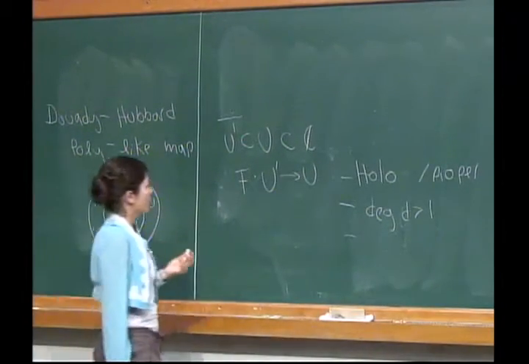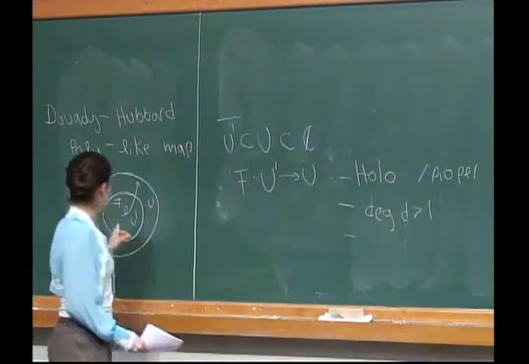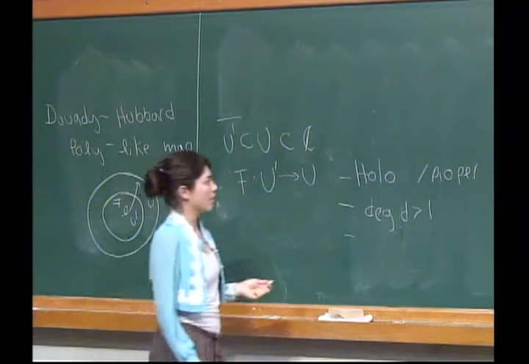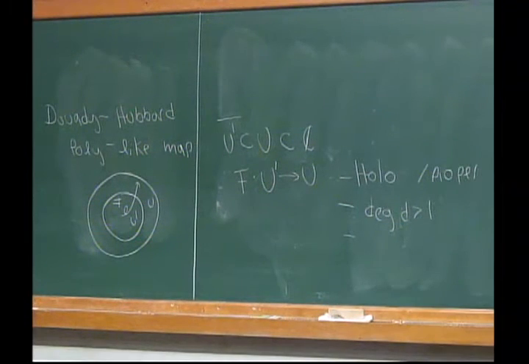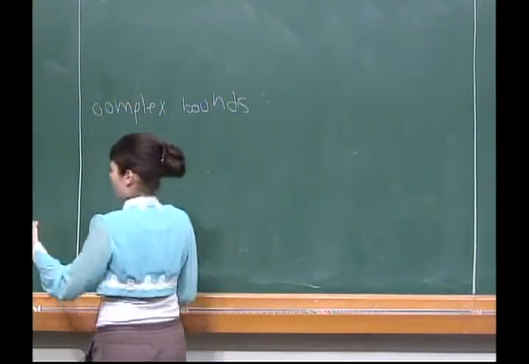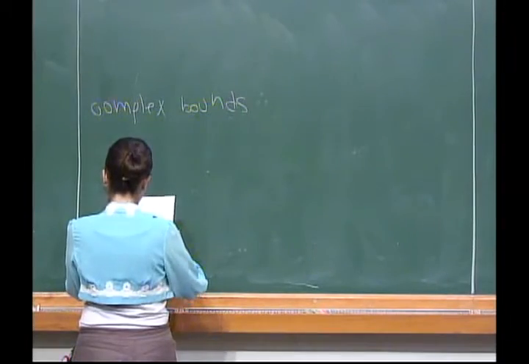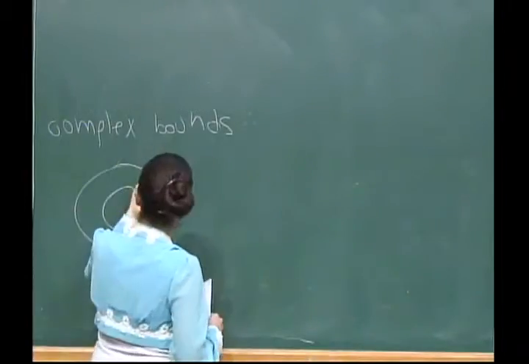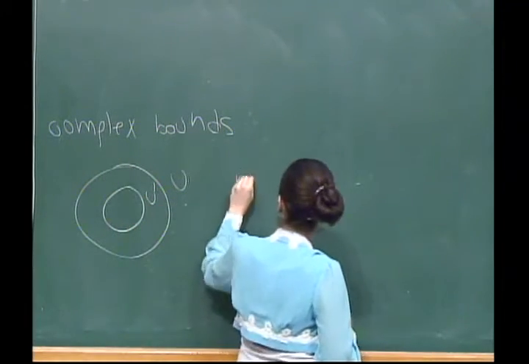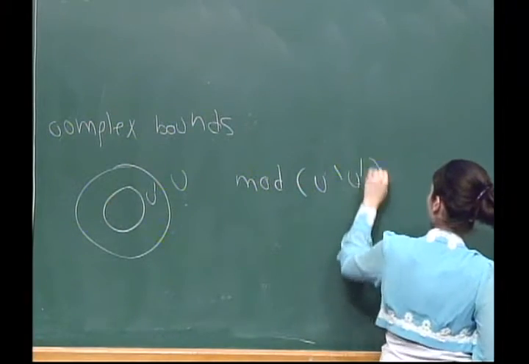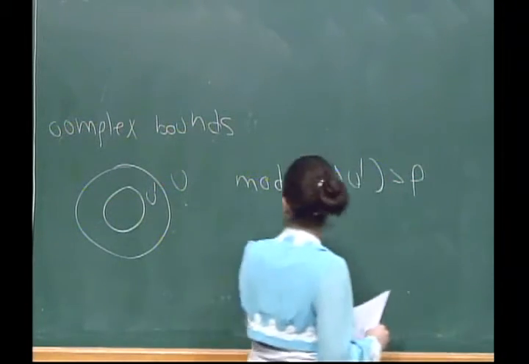And then complex bounds are geometric restrictions on these domains. So for example, the easy one is, you have U, and then you have U prime, and then you ask for the moduli of U minus U prime to be bigger than some constant, okay?